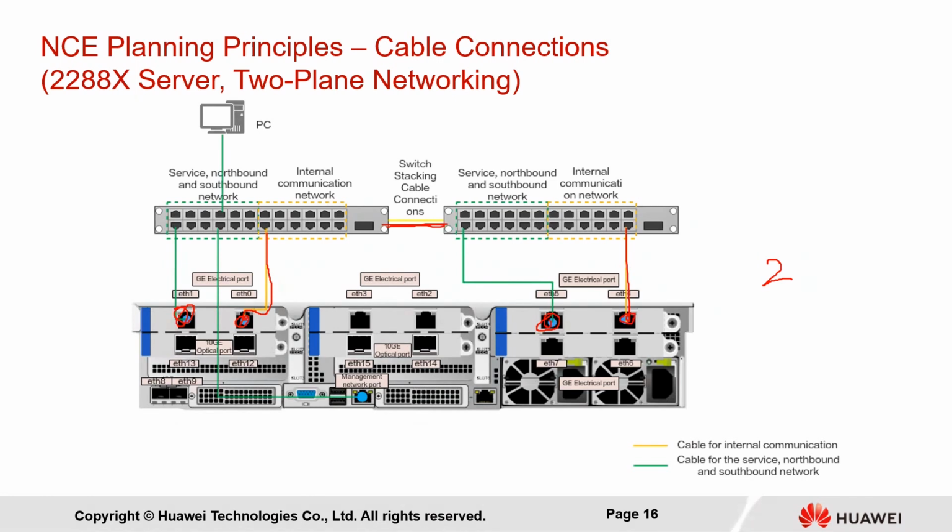Now the servers are connected. So how do I connect my PC to the server? Usually we connect the PC to one port on the switch and connect the switch to the management port of the server. As such, we can use the PC to log in to the server and do some configurations.